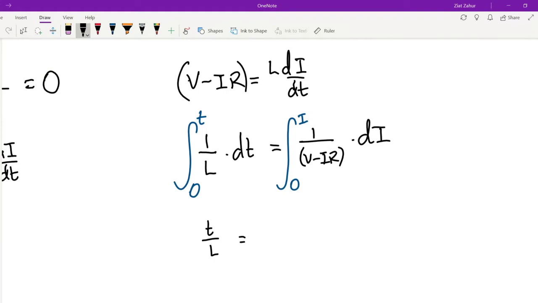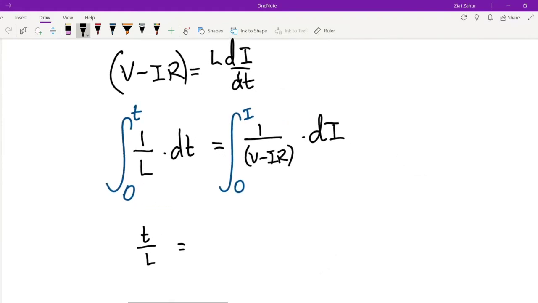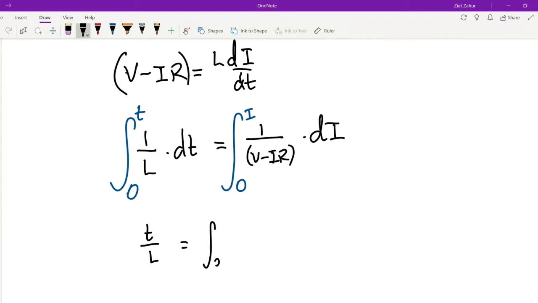Okay. Now on the other side, it's slightly harder. Let's leave it alone for a second, because here we have to do a U substitution. Let's let whatever's in the denominator equal to U. U is equal to V minus IR.